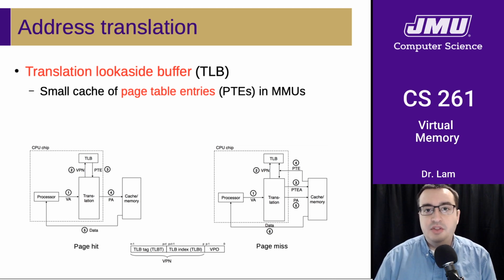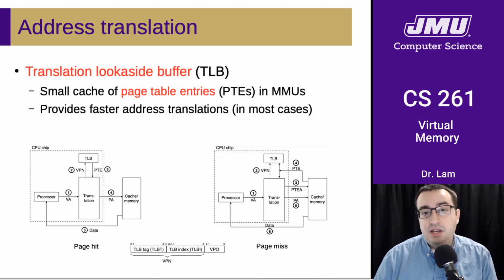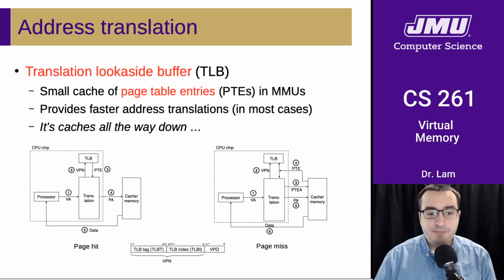So all of the things that you learned about how caches work apply directly here, and it works in the exact same way as the caches we've talked about already. And this again provides faster address translations because you don't have to go to the full page table, which is quite large, most of the time, if your program is exhibiting good locality.